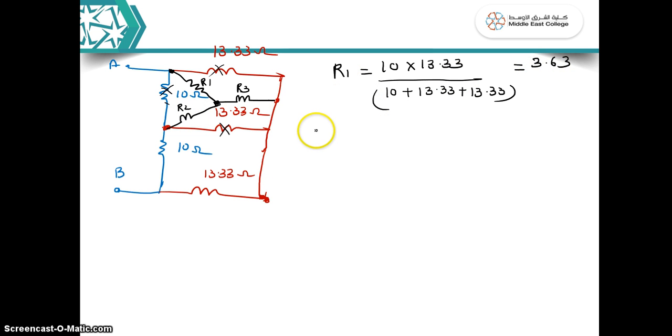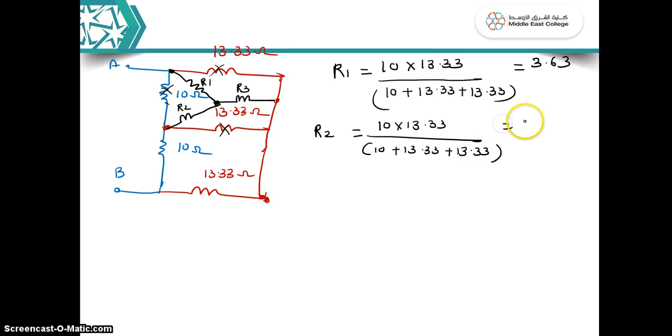So now R2. So R2 is again between this and this. So it is 10 and 13.33, same way: 10 into 13.33 divided by 10 plus 13.33 plus 13.33. So the same answer 3.63.